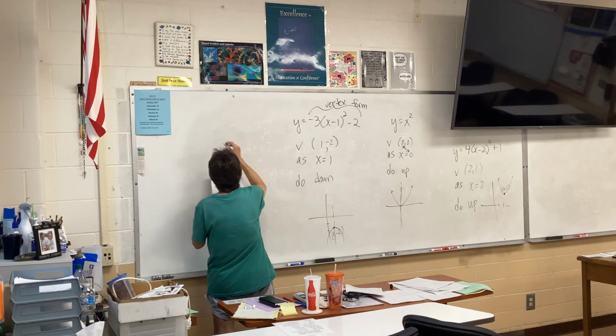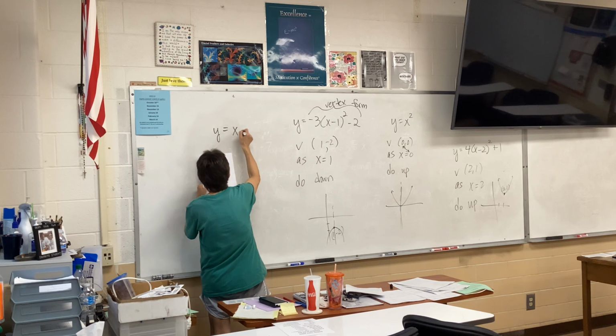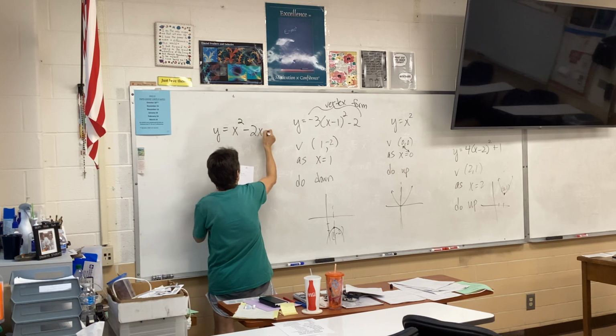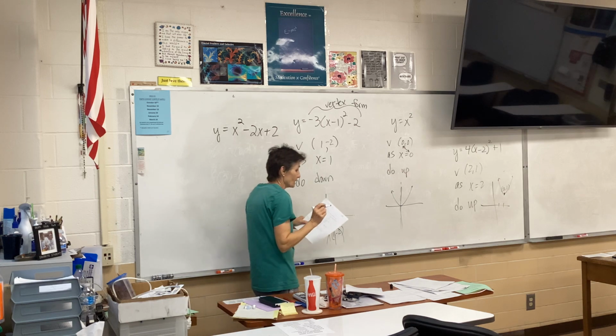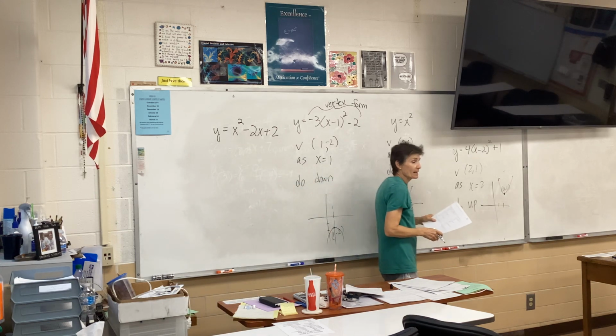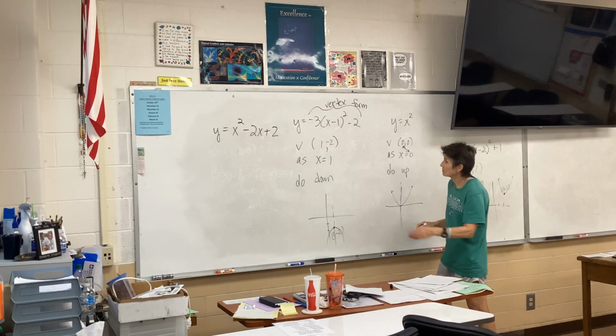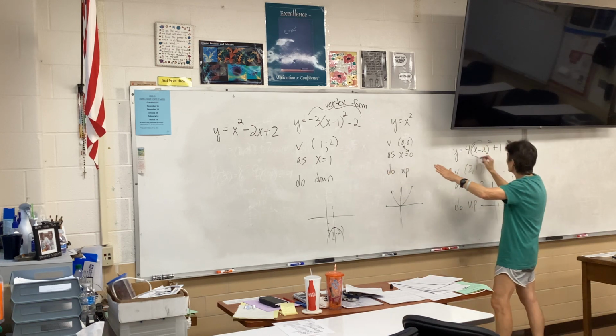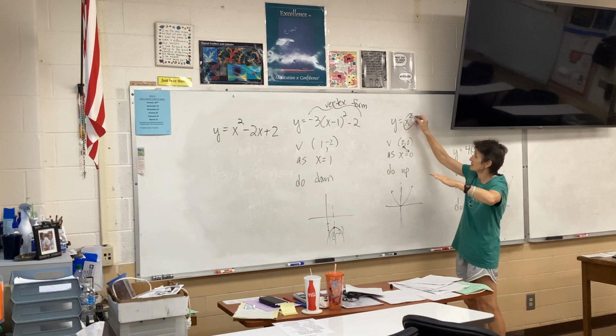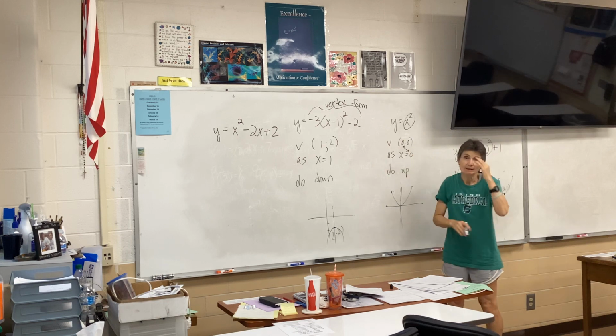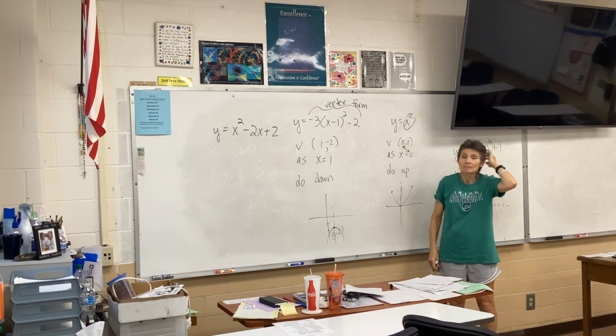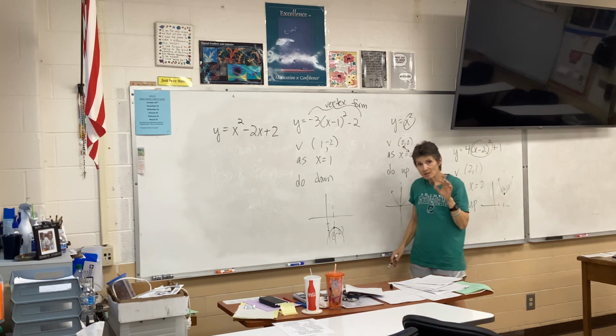We'll look at number 4. That is not in vertex form, because vertex form requires you to have a quantity squared, and we don't have that. So I'm going to change these directions.